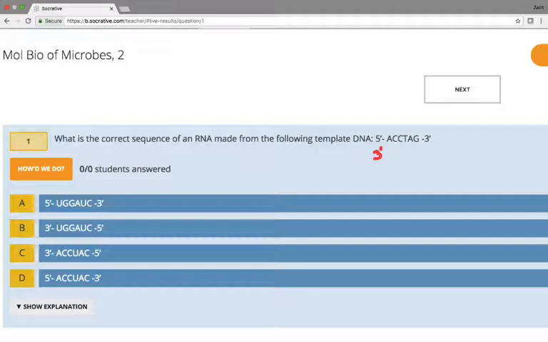So, what did you have, Molly? TGGATC, but we'll swap out the T's for U's, right? So U, G, G, A, U, C, 5 prime. And you're right, it does show up there.